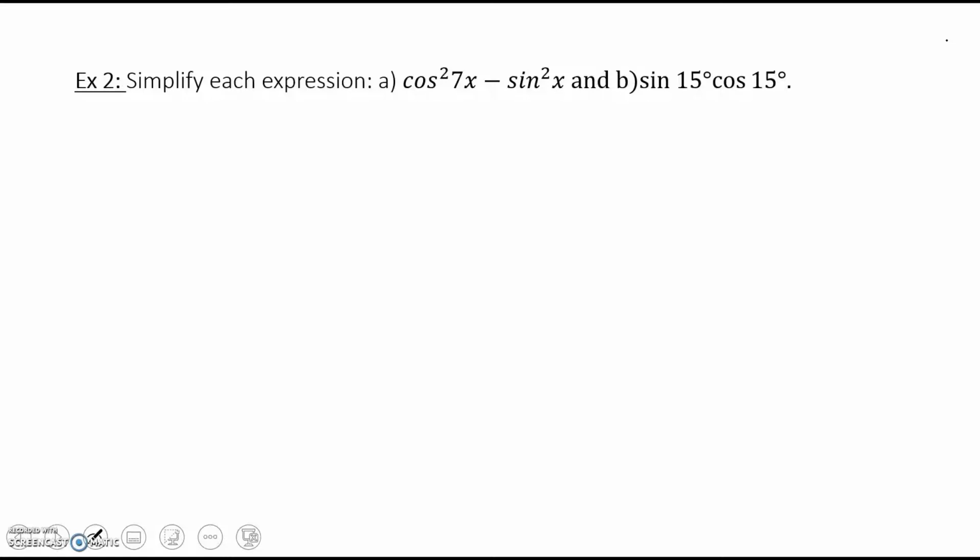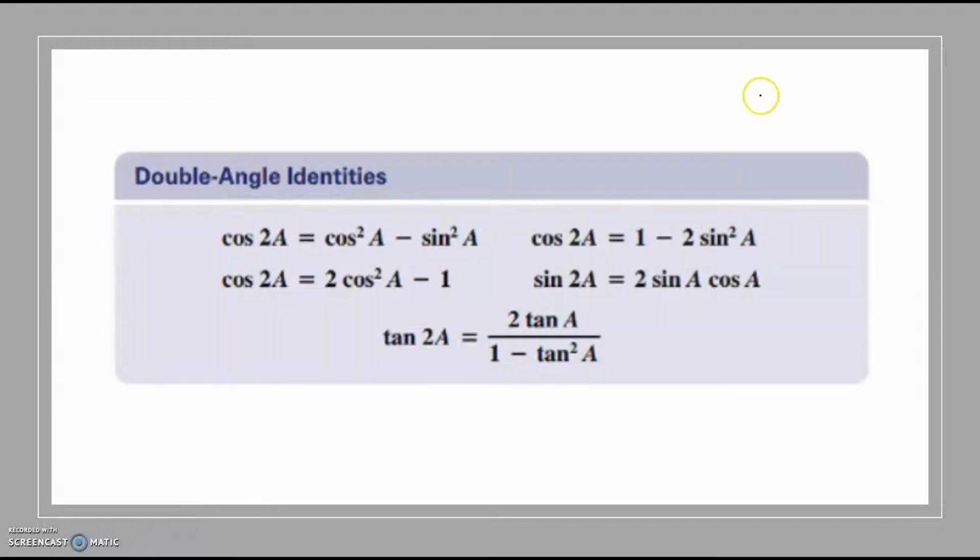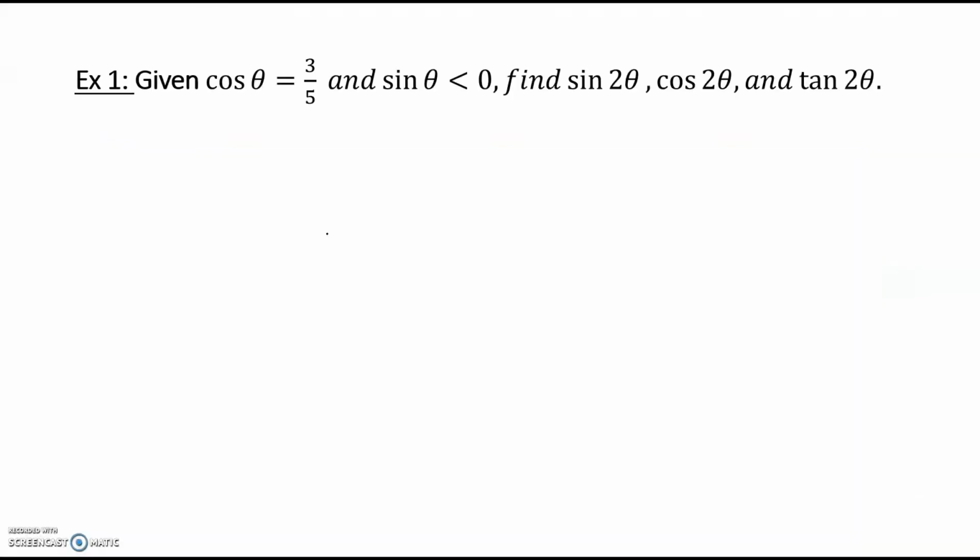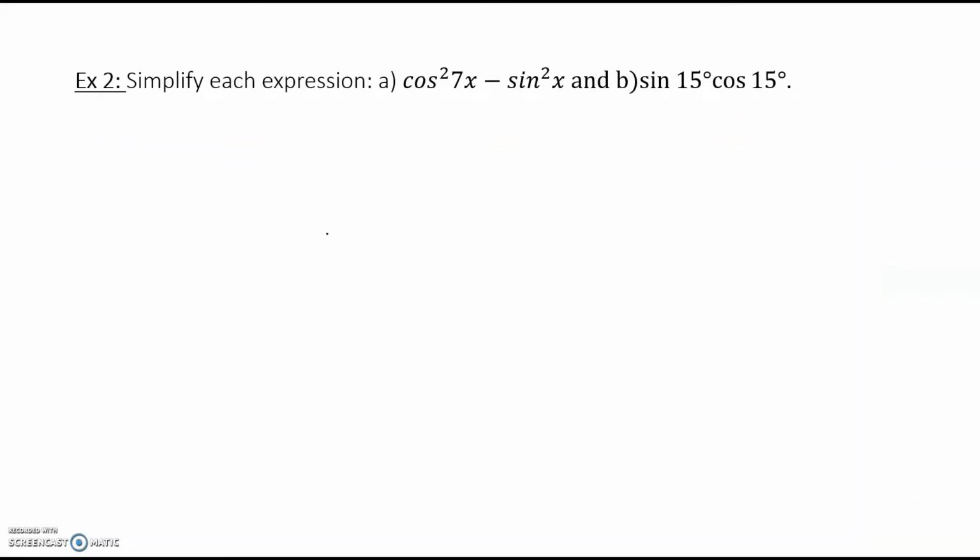So cosine of 2 theta, recall if I go back to my formula, cosine of 2a here, you see it's cosine squared a minus sine squared a. So it looks like this side of that identity. So the cosine squared a minus sine squared a, well, we know that that equals cosine 2a. Well, in this case, our a is equal to 7x.